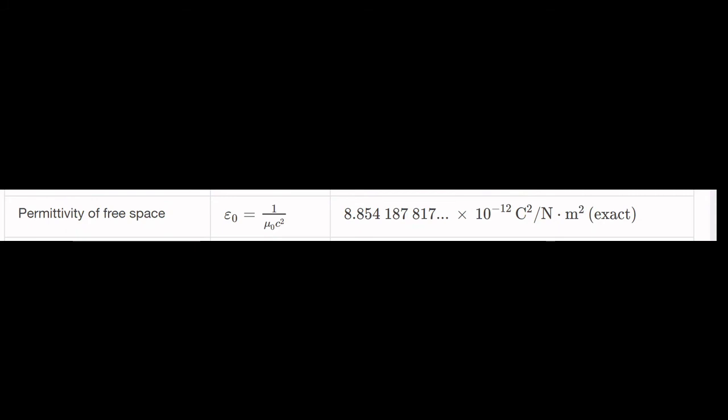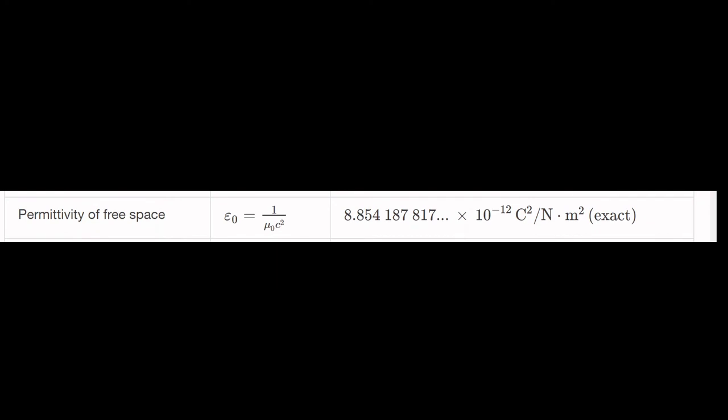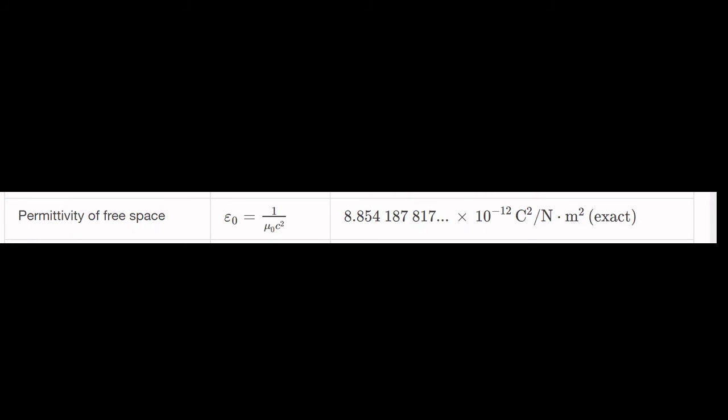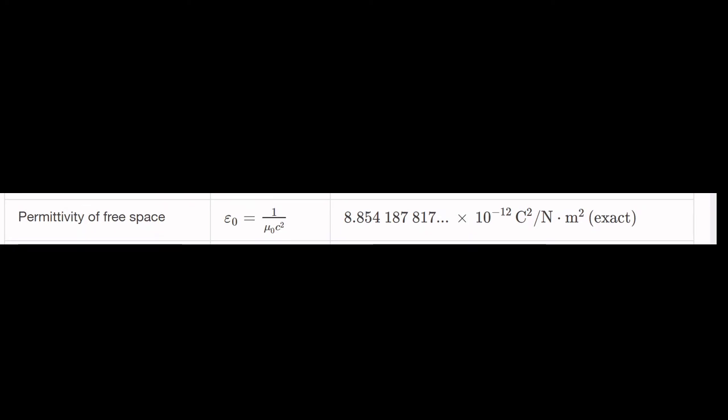It's called the permittivity of free space, and that essentially means the permittivity of the vacuum. So this is essentially the strength of how the electrical force that a charge exerts on another is moderated by the presence of the medium they're in, in this case the vacuum.